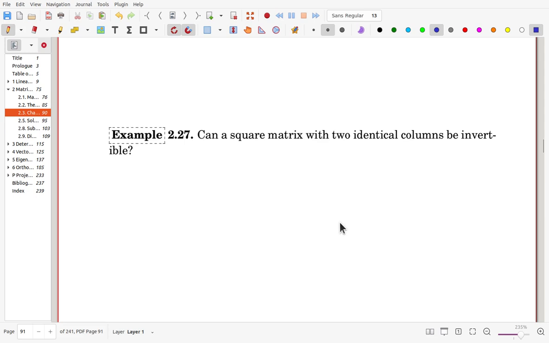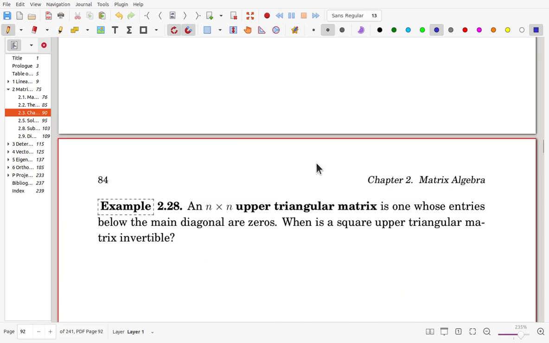One of the statements in the invertible matrix theorem says that if A is invertible, then the columns are linearly independent. But if 2 columns are identical, then the columns are not linearly independent. So the given matrix is not invertible.